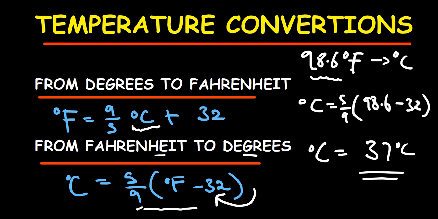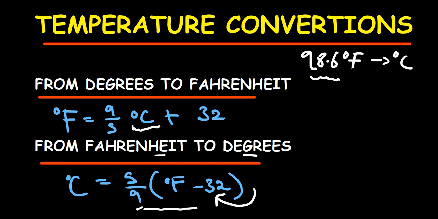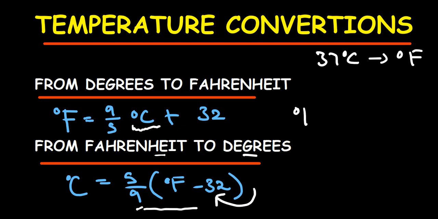And then what if we are given degrees Celsius and we are asked to convert it to Fahrenheit? Let's say we have been given 37 degrees Celsius and we are converting this to degrees Fahrenheit. Temperature in Fahrenheit equals 9 over 5, multiplied by 37, plus 32.